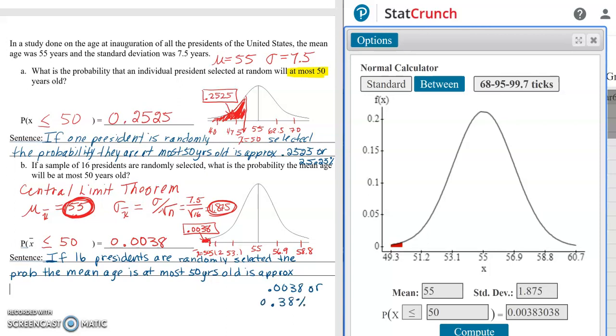That's extremely small. So the probability that 16 presidents' mean age is less than or equal to 50 is 0.38%, which would definitely be unusual.